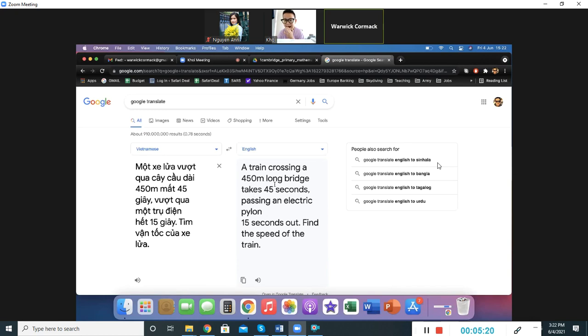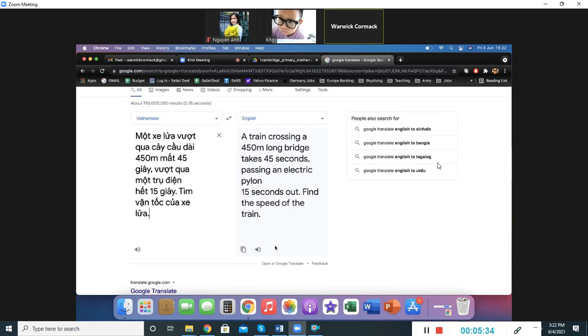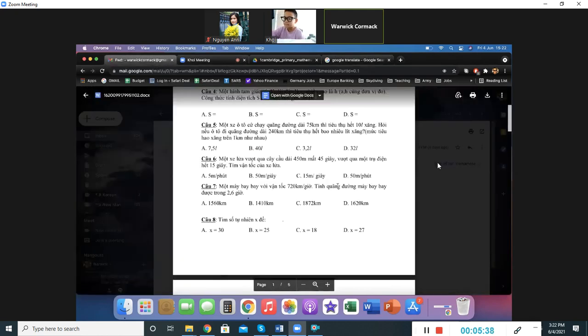Passing an electric pylon 15 seconds. Find the speed of the train. I don't know why we need this extra 15 seconds. Maybe the Google Translate isn't doing it properly.